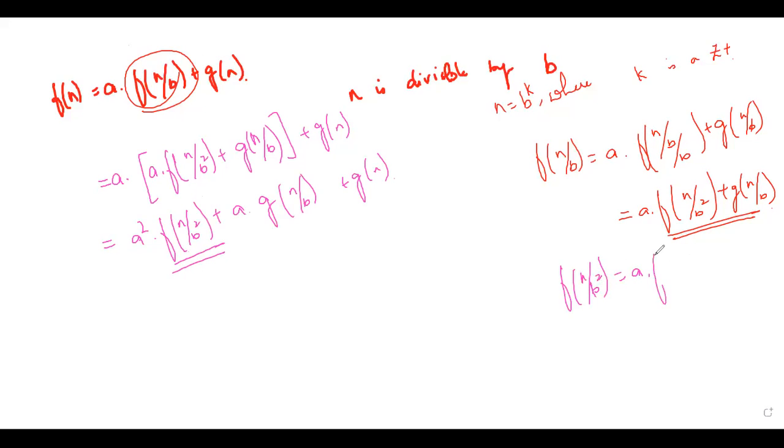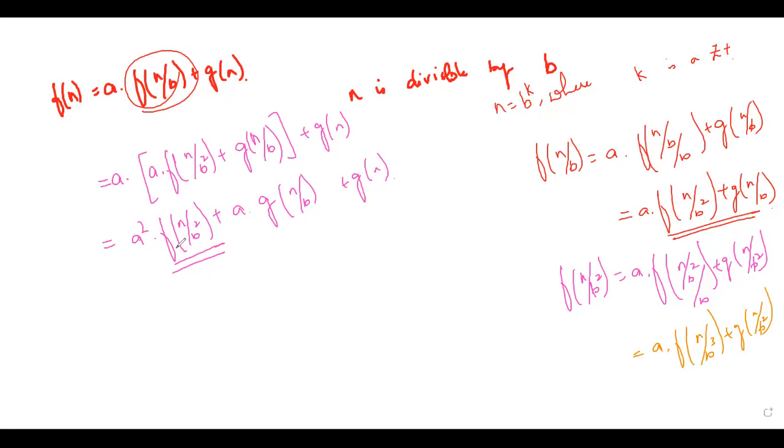F of n by b square will be a into f of n by b square by b plus g of n by b square. Okay. Now this can be written as a into f of n by b cube plus g of n by b square.